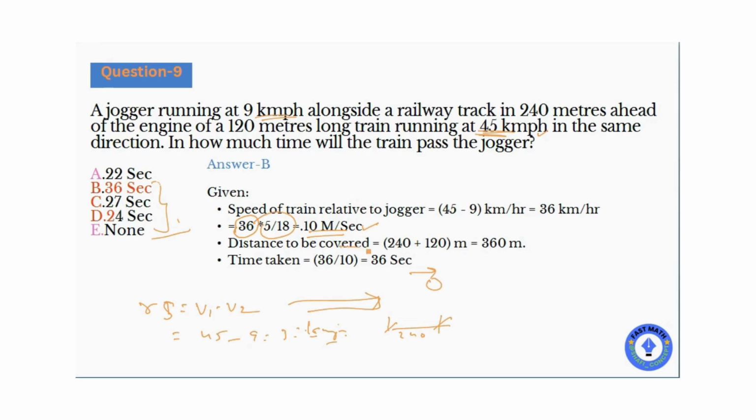Now the distance to cover: the train length is 120 meters, already given, and the distance to the jogger is 240 meters. Both have to be crossed by the train. That means the total will be 240 plus 120, that is 360 meters. What will be the time taken? That is 360 divided by 10, that means 36 seconds. The answer will be B.